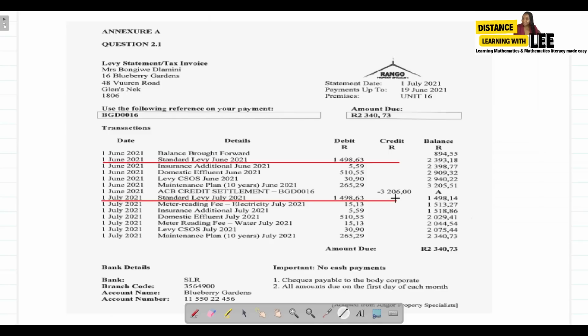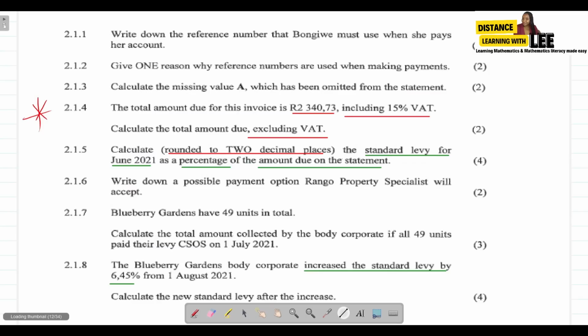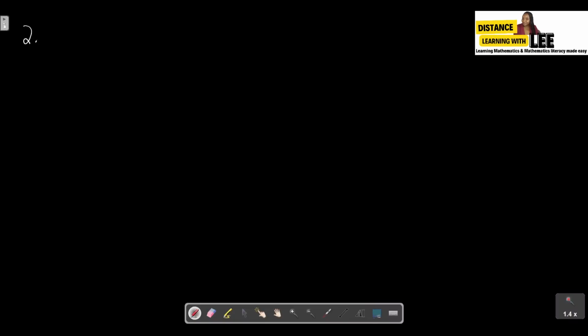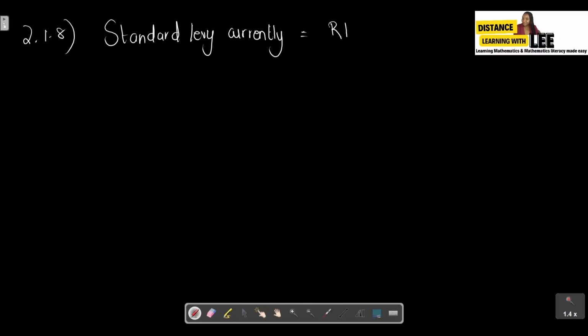Now we want to find out what the standard levy would be for August if this amount increased by 6.45%. So how do you answer this question? Question 2.1.8. The standard levy is currently equal to 1,498 Rand and 63 cents.